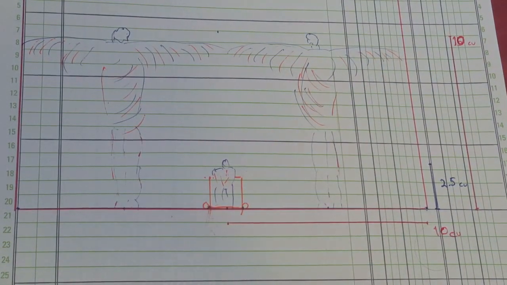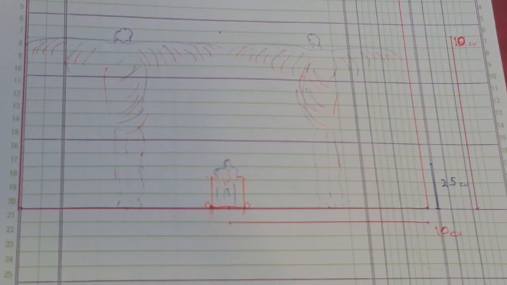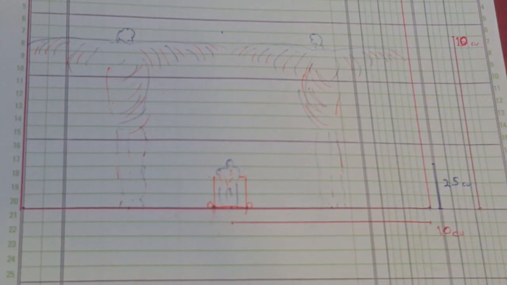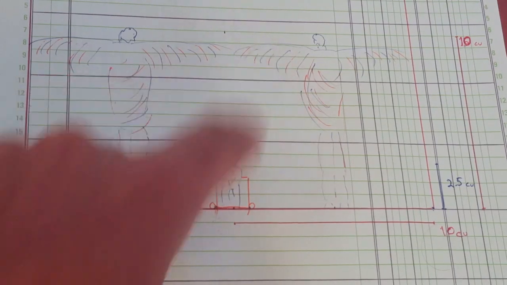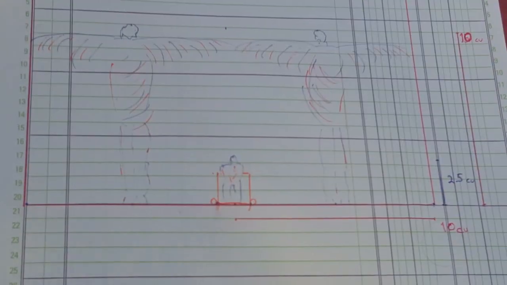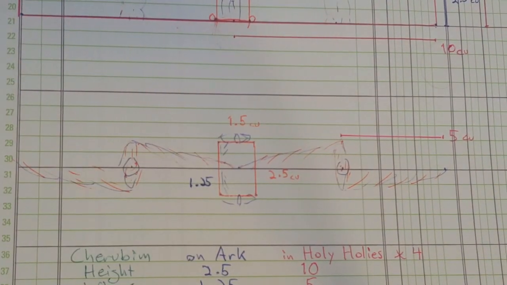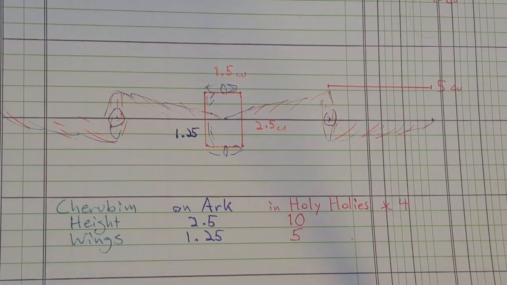So guys, I'm hoping you can see this pattern and structure of the perfect order of these cherubim. It's so amazing. Where one wing is 5 cubits, the wing on the Ark of the Covenant is 1.25. It's all a perfect order of 4 times larger.